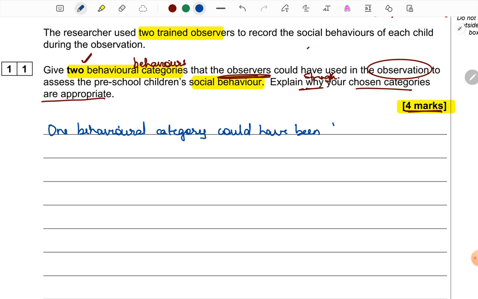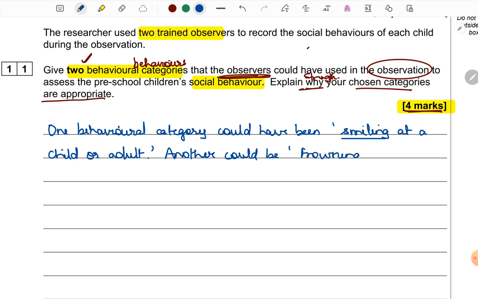So could have been smiling at a child or adult. Another could be frowning at a child or adult.